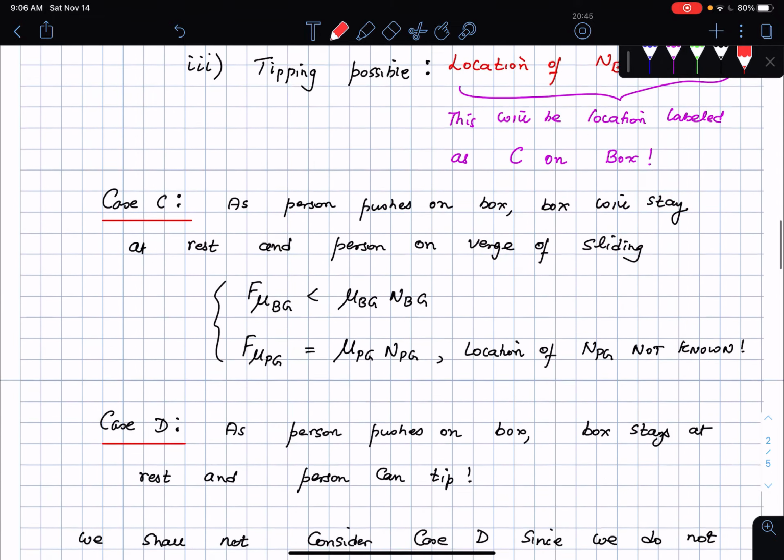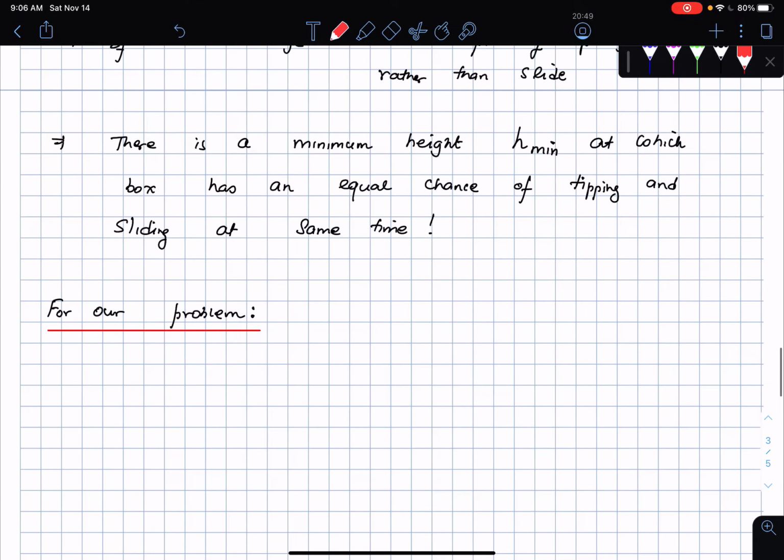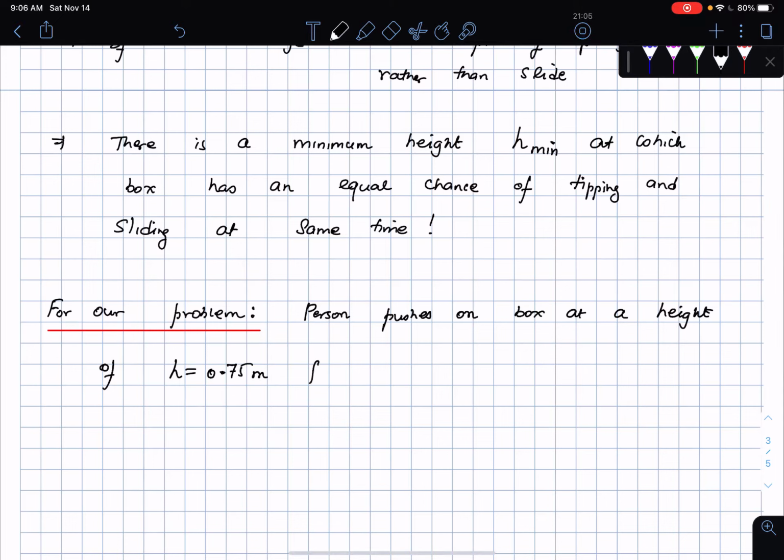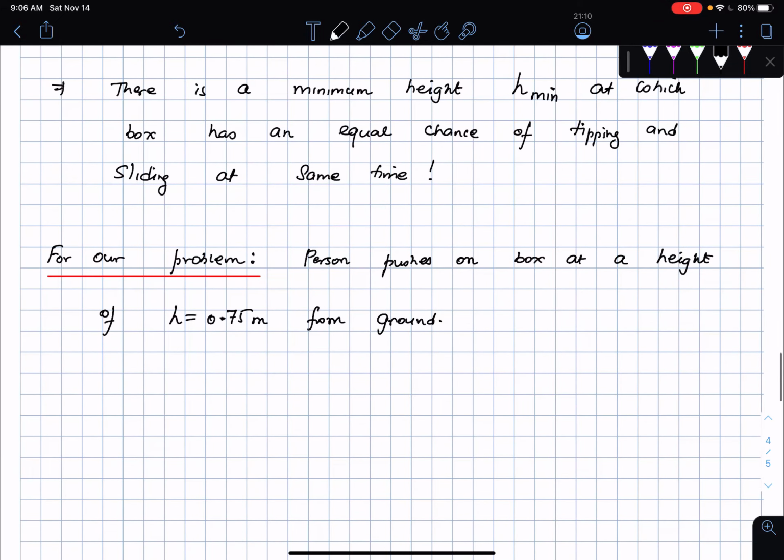So the person pushes on the box at a height of h equal to 0.75 meters from the ground. If we can show that h is less than h minimum, then we can avoid tipping motion, so the chances of sliding are more.